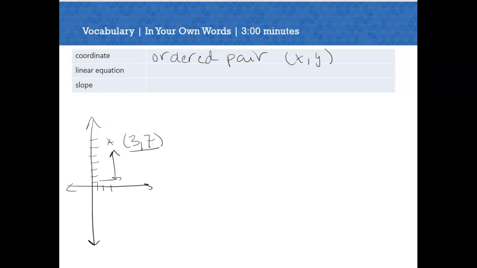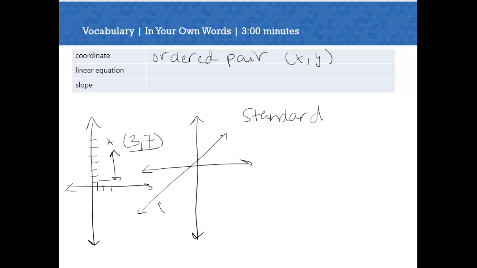A linear equation, when graphed, makes a line. We've talked about a few forms of a linear equation. Standard: ax plus by equals c.